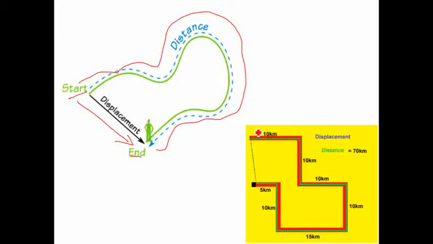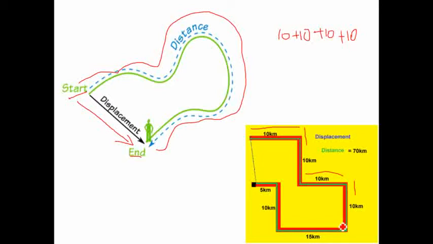See, a person starts from this point, he is moving towards this direction, which is 10 kilometer. He is moving down towards the south direction, again 10 meter, and again from left to right it is one more 10 meter. Again from top to bottom it is one more 10 meter.